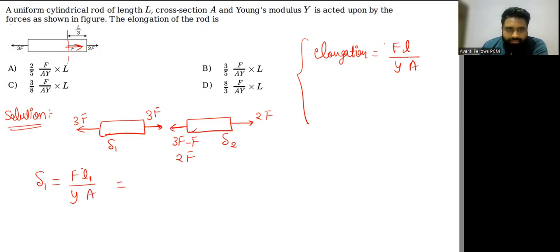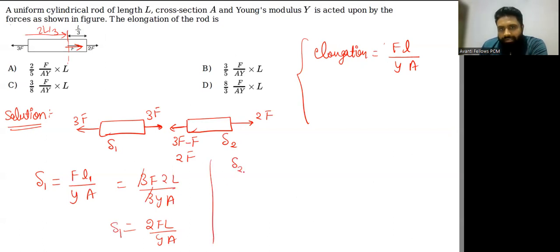So delta 1 here: F is 3F, L1 here is the length of this section, which is L by 3. So it is 3F into L by 3, upon YA. It is 2FL by YA. This is the delta 1.